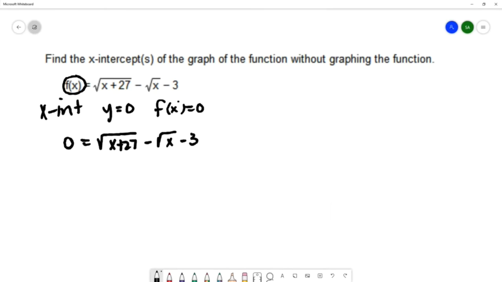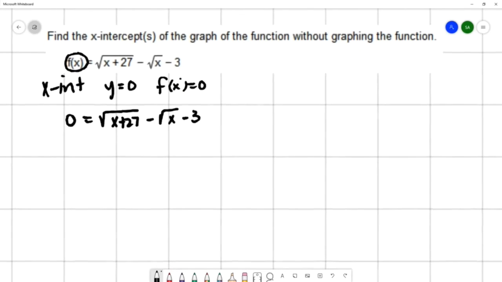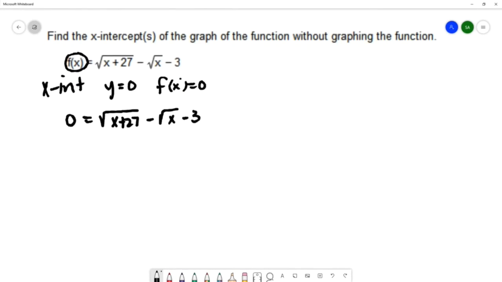So this is what we call a radical equation, and it's a pretty messy radical equation because it has 2 radicals in it. So the process for solving these types of radical equations is to try to eliminate the radicals. And the way you eliminate the radical is that you isolate it and then do the opposite to get rid of it.